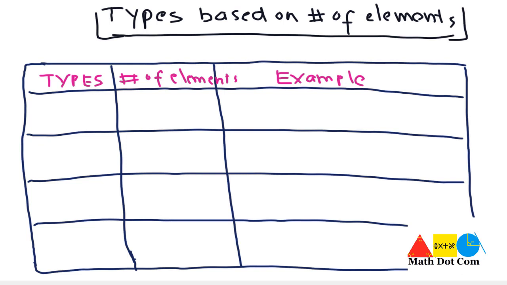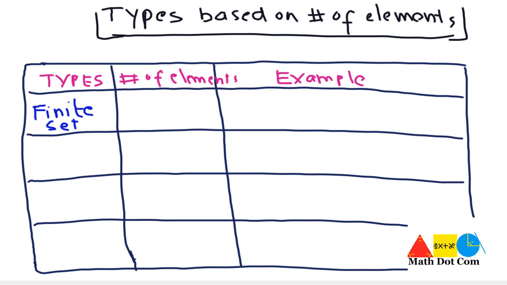The first type of set here is the finite set. As its name indicates, finite means anything that has some limit, about which you can tell what its end is.